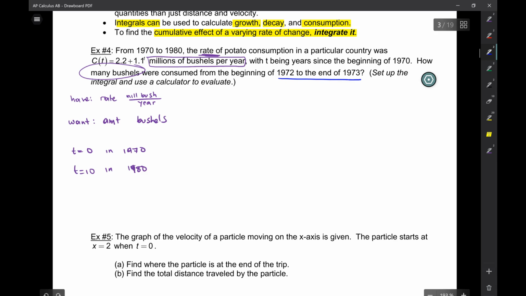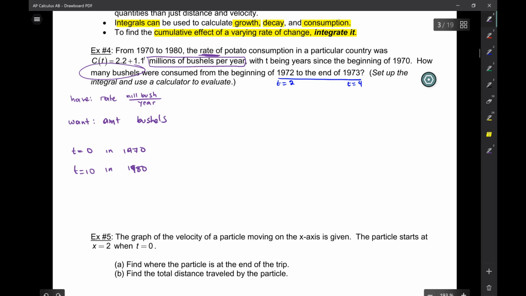What are the years here? When it's 1972, t is what? t is 2. And then the end of 1973, t will be 4, right? Because it's like December 31st, 1973. So from t equals 2 to t equals 4.